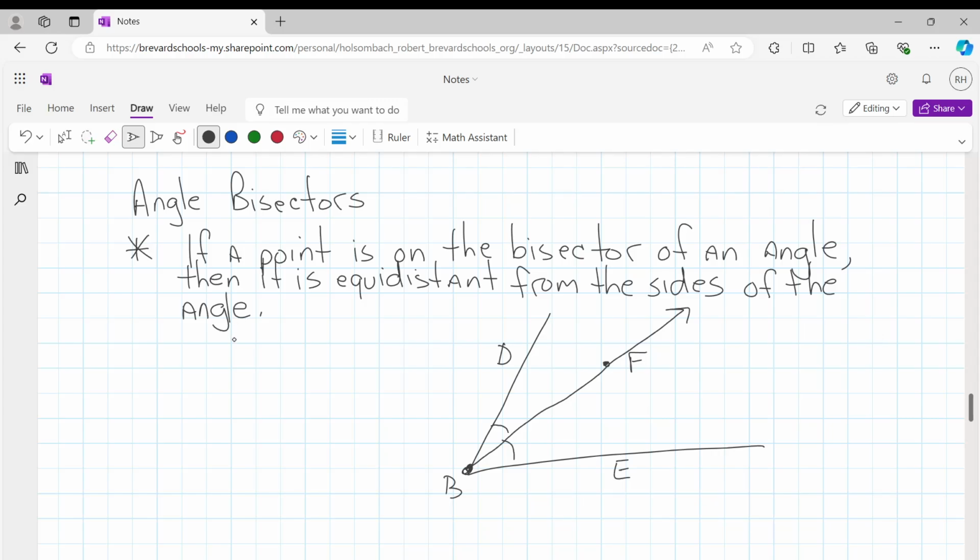And what the theorem says is that if a point is on the bisector of an angle, so point F is on this bisector, then it's equal distance from the sides of the angle.